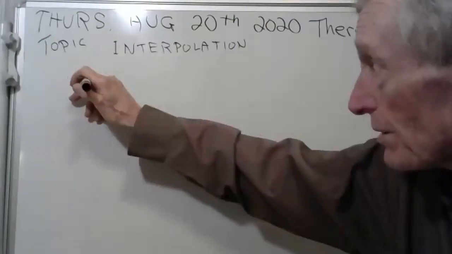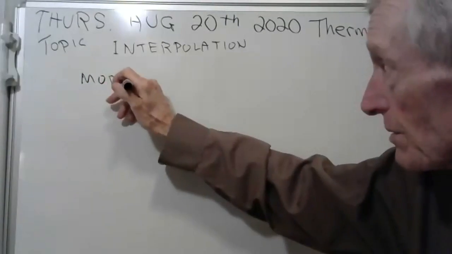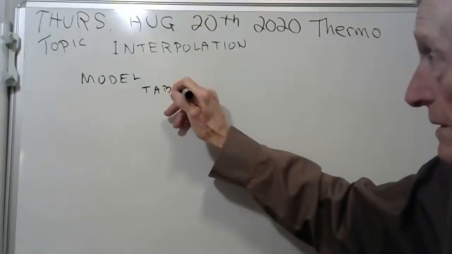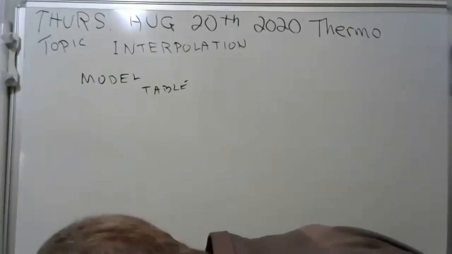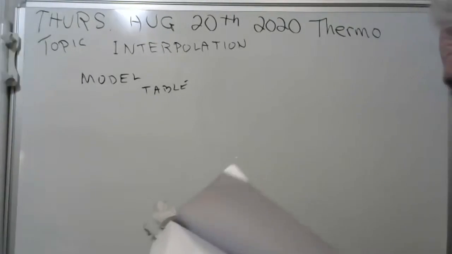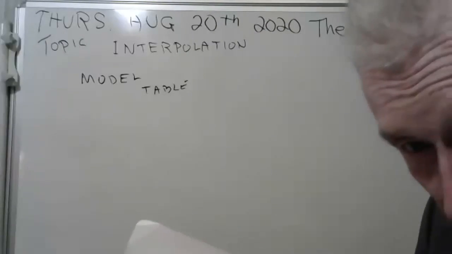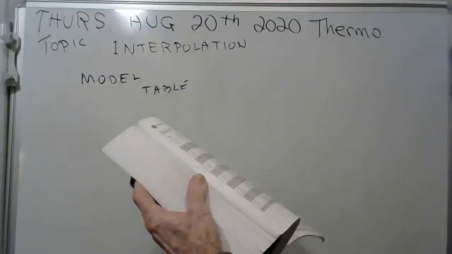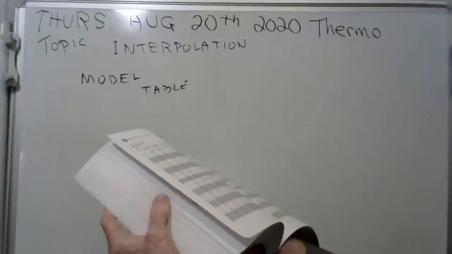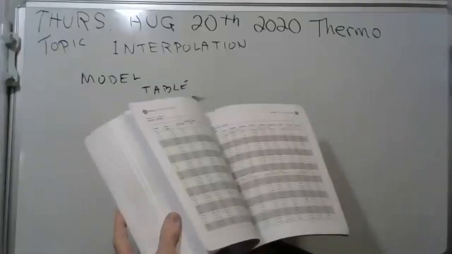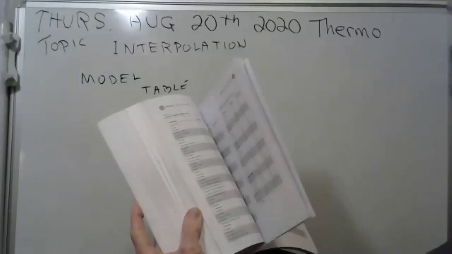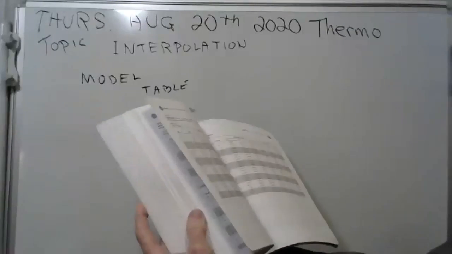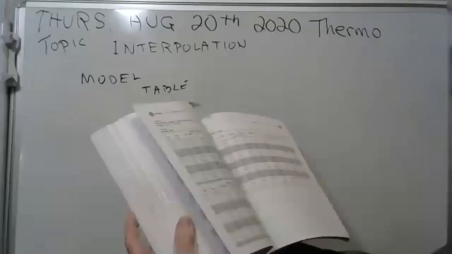See, we're talking about using the tables. We have these different models. The very best model is the tables. There are all these tables in the back of the book. Here, let me show you what I mean. Of course, you might have a digital book, but look, tables, tables, page after page of tables. Look, more tables. You get the picture.